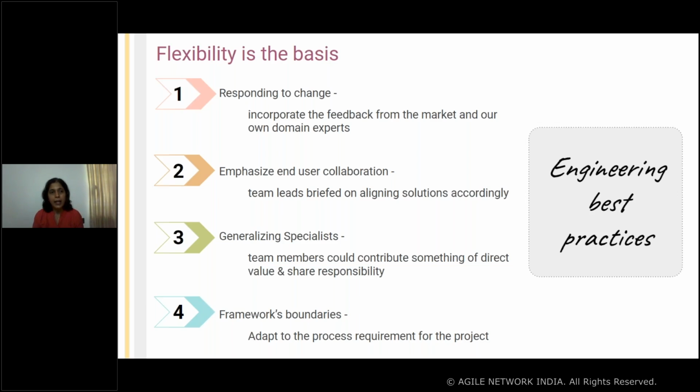Another thing I want to stress is that, apart from these things, make sure that you are following engineering best practices, like having code reviews, unit tests done, and automating the build pipeline as much as possible.